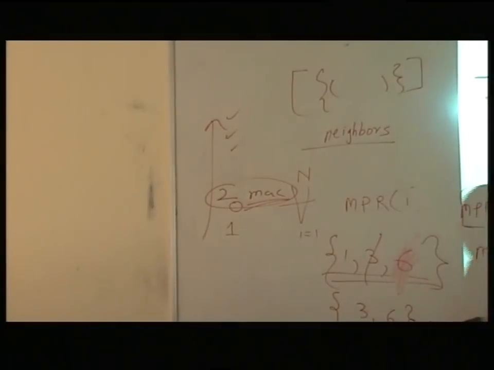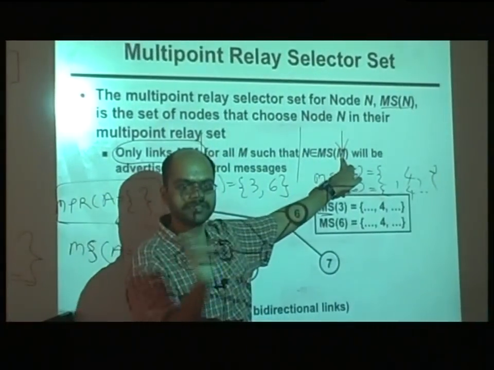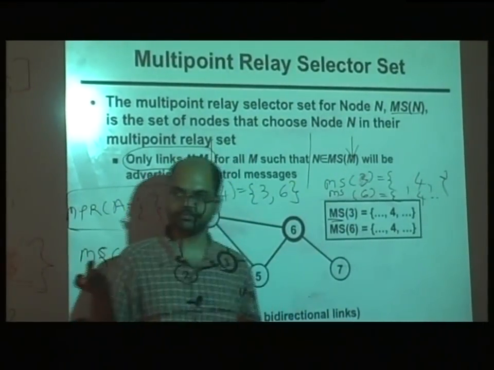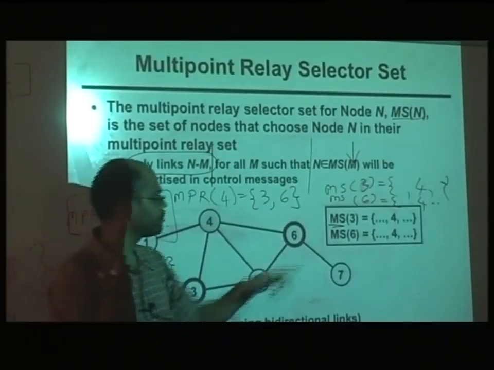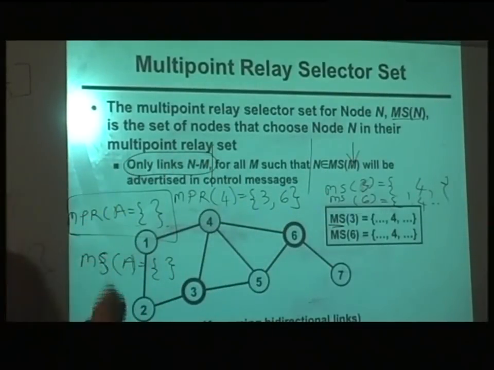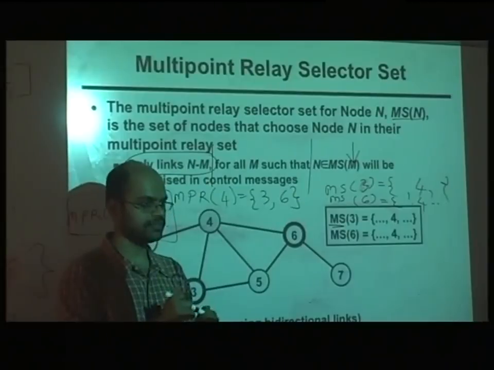So it's like an onion. Now first we see M. M is the central point in this definition. Now you take any M, first just take any M. N belongs to MS of M. What does that mean? N can be a multi-relay selector. We haven't defined multi-relay selector, but I think MS represents the nodes which can be the multi-relay selectors.